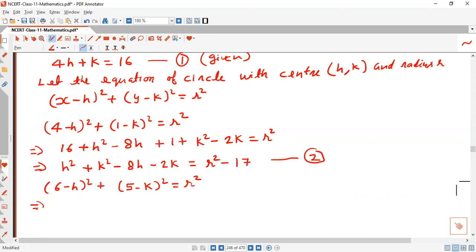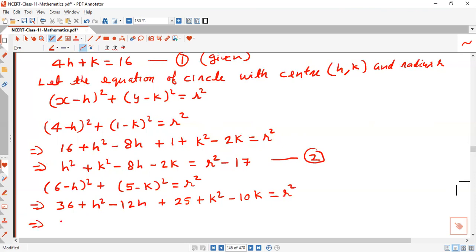Now open this one: 36 plus h square minus 12h plus 25 plus k square minus 10k equal to r square.